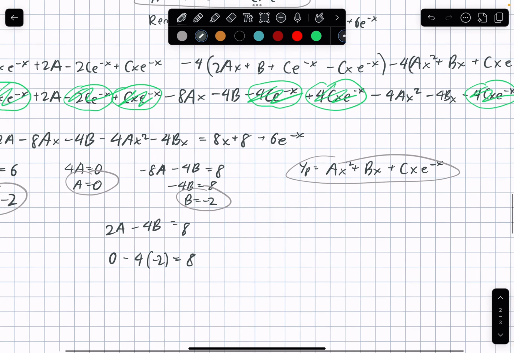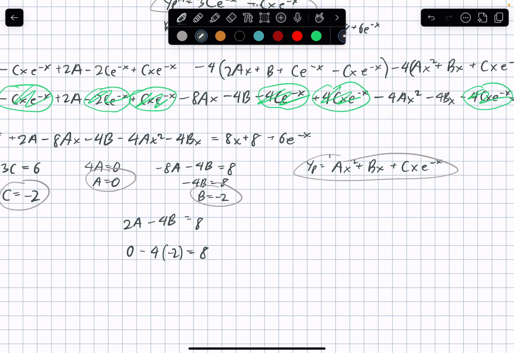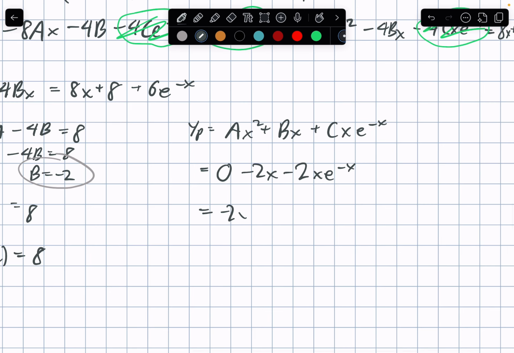So 0, plus, minus 2x, negative 2x, e raised to negative x. That is our y sub p.